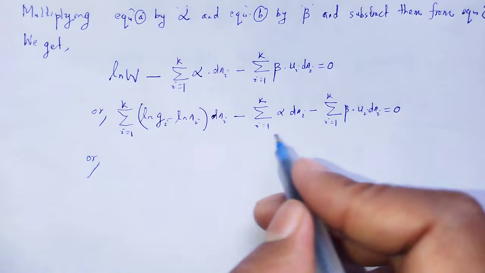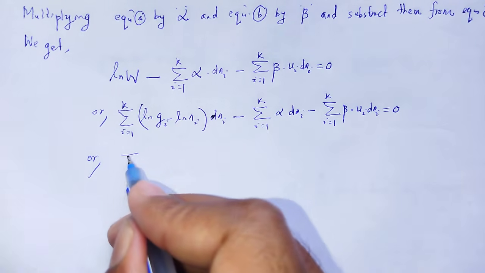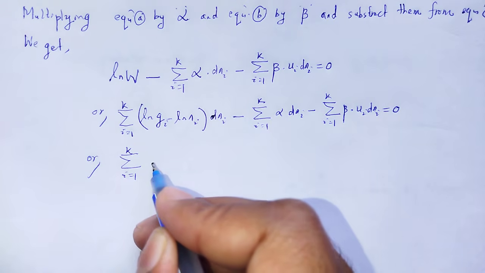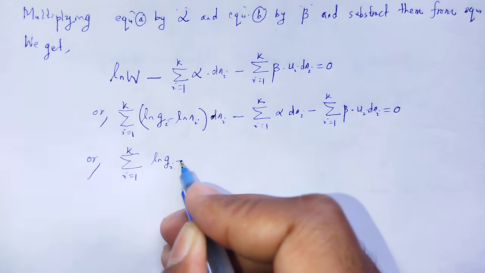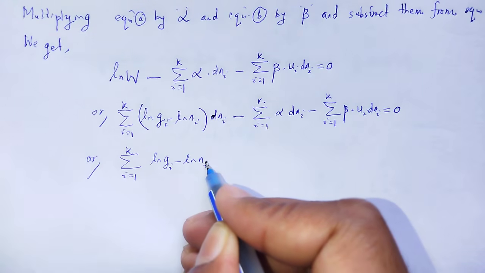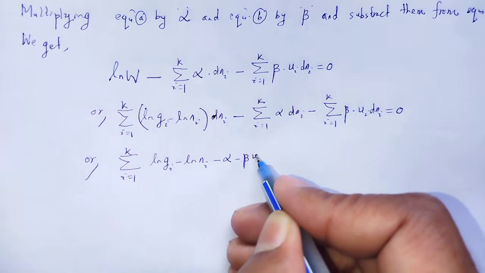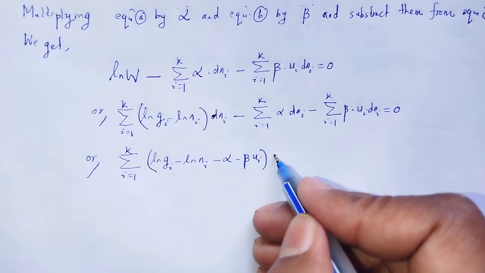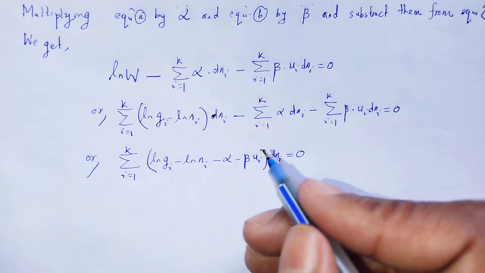In all these three terms dNi is common: summation from i 1 to k of ln Gi minus ln Ni minus alpha minus beta Ui, whole into dNi is equal to 0.